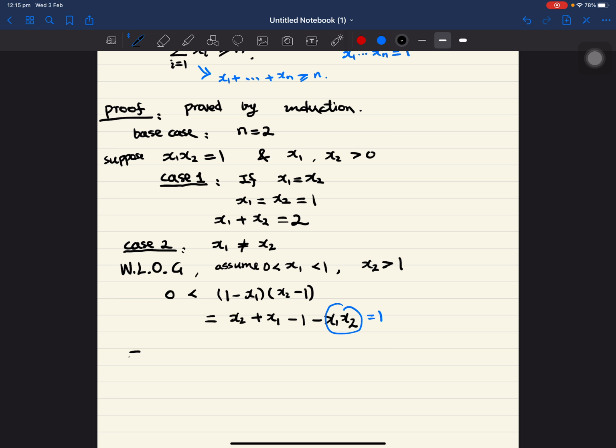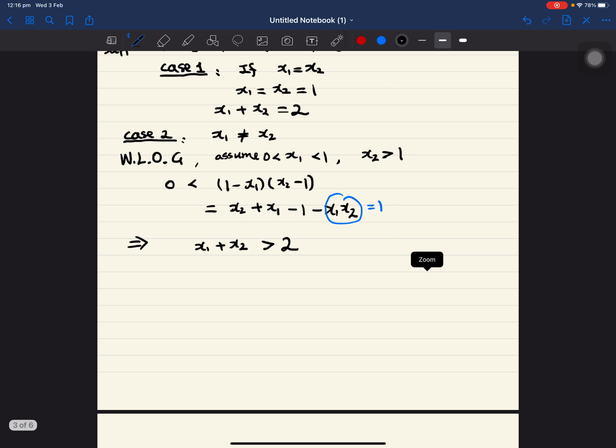Therefore, moving the 2 to the other side, we get x1 plus x2 is greater than 2. So that is the base case.